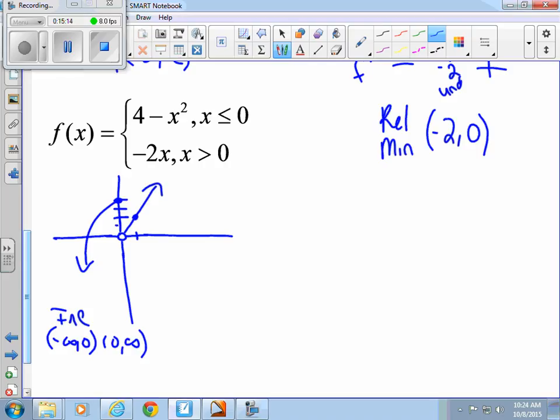And there are kind of two options on that 0, 4 point. If we were to do a derivative sign chart, f prime of x is a piecewise function. It equals negative 2x when x is less than 0. Everyone agree?